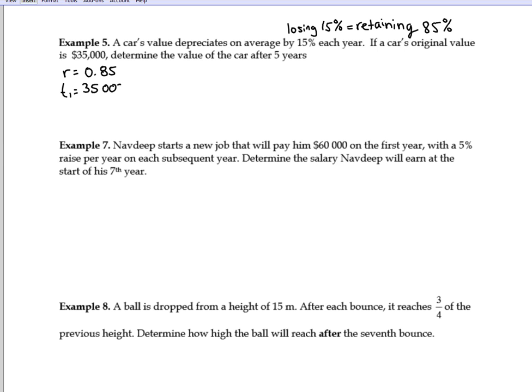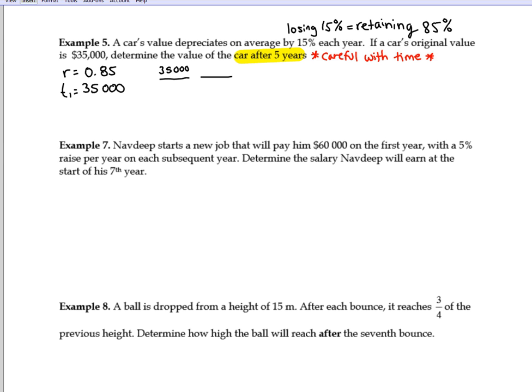35,000. Whenever you have time, you need to be super careful. Okay? Because time and your end value aren't always the same thing. So, careful with time. Okay? So, initially the car is worth 35,000, right?